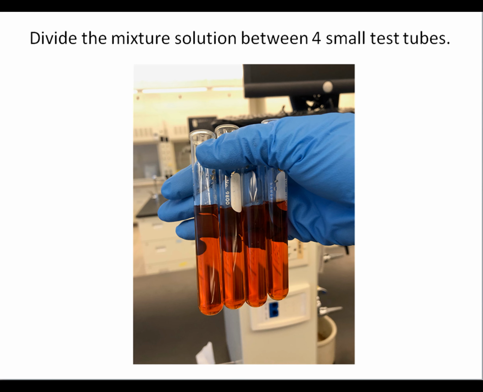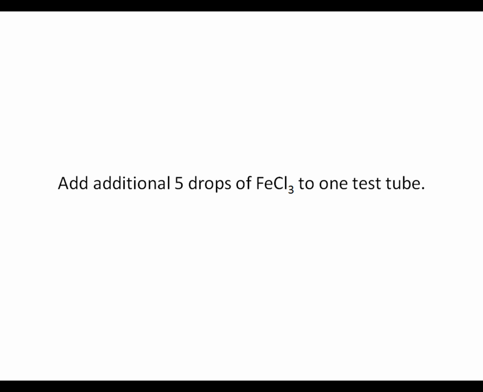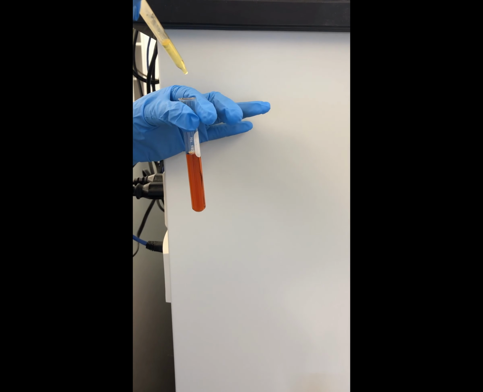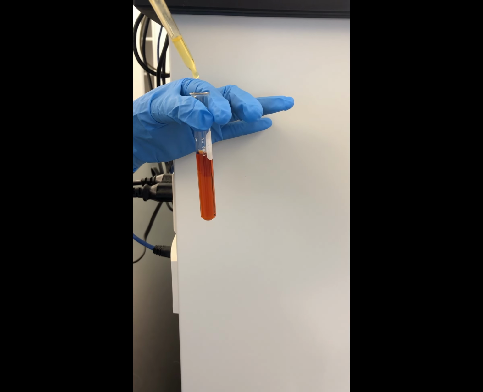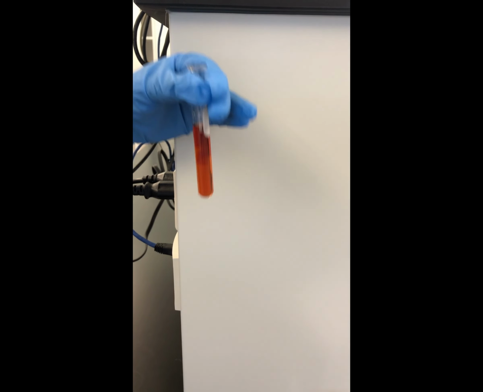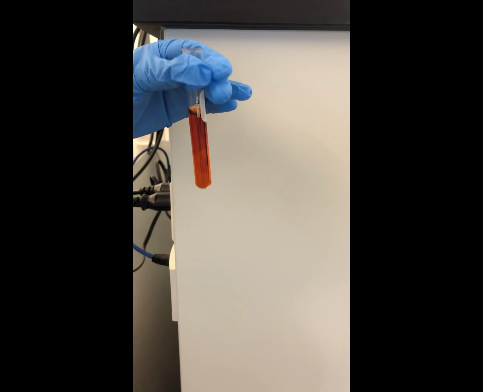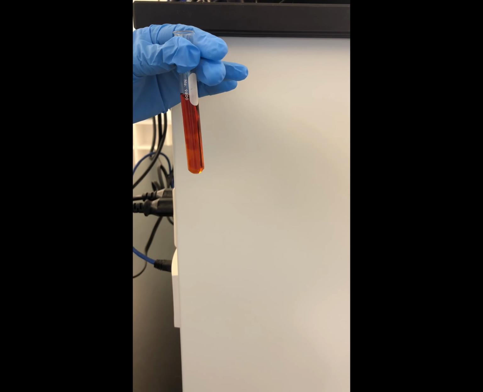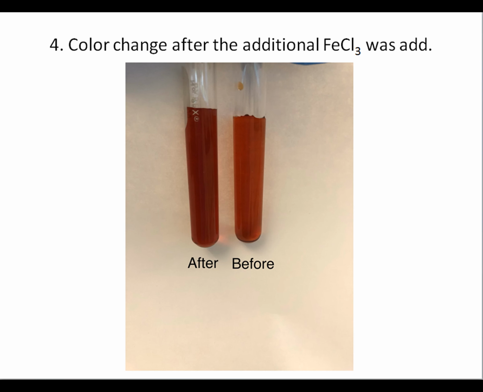You're going to divide the mixture solution between 4 small test tubes. Number 4, you're going to add an additional 5 drops of iron chloride to one test tube and record the color. Once again, the color changed after the additional iron chloride was added.